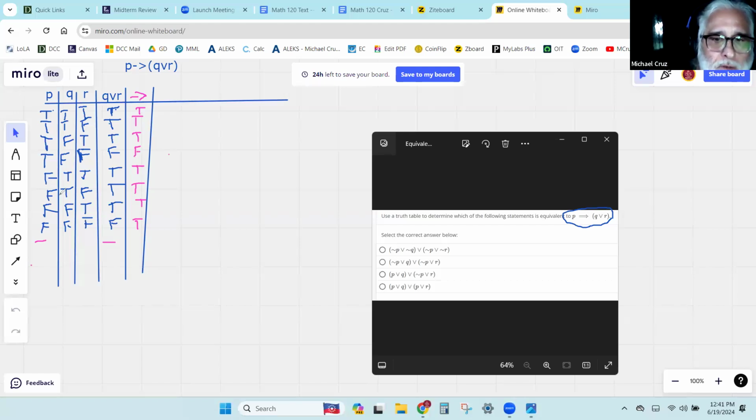If F, then T is true. So the only one is that one. So now, we need a not P. Almost all of them have, yeah, all of them have a not P. They don't have it.